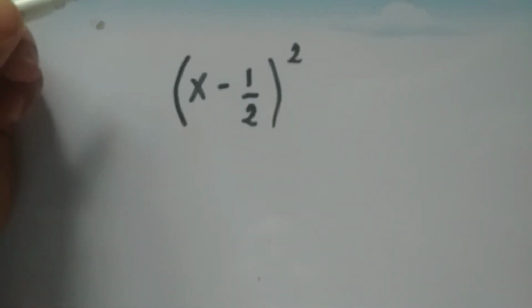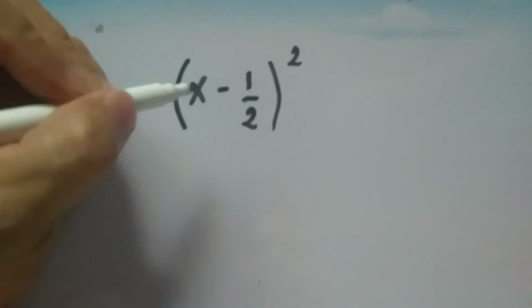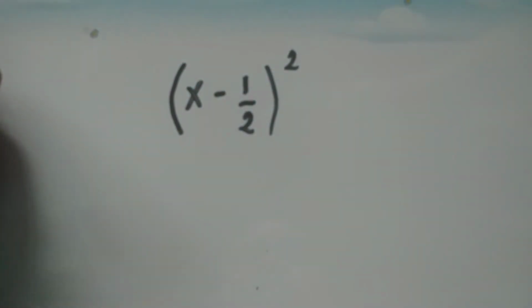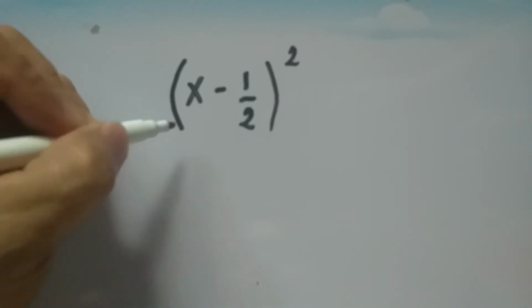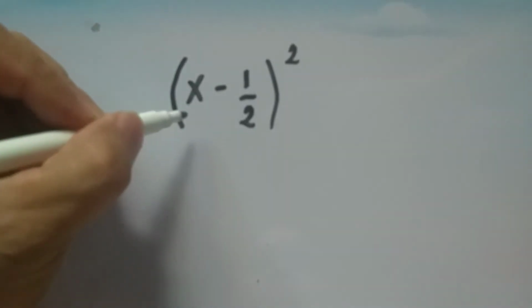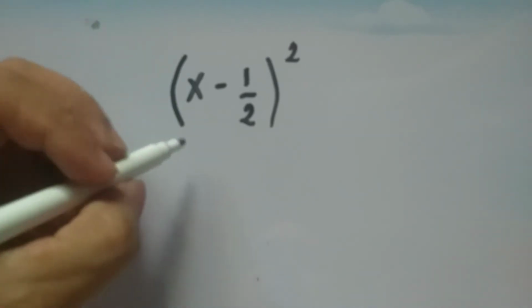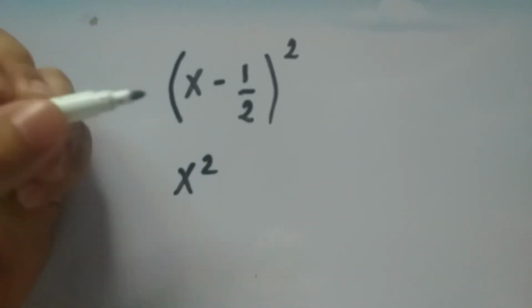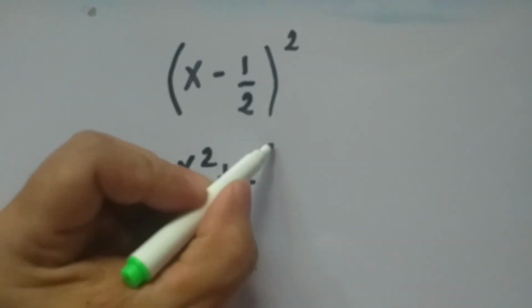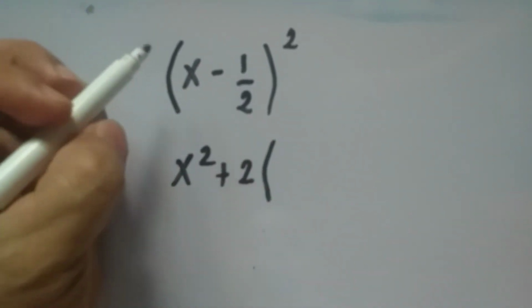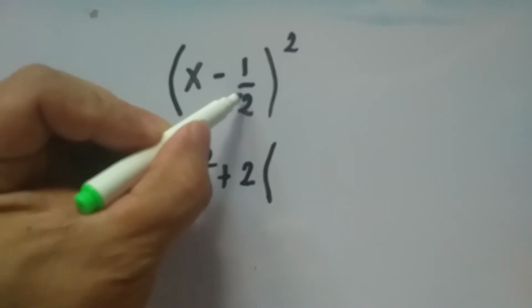Let's have another given. Say we have x minus 1/2 squared. So applying the rule, we have to square the first term. So our first term is x, so x squared plus twice, so plus 2 times the product of the first and the second term.